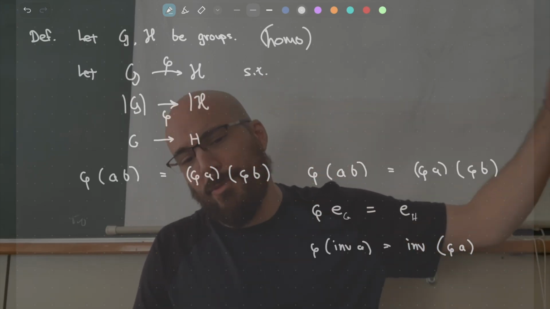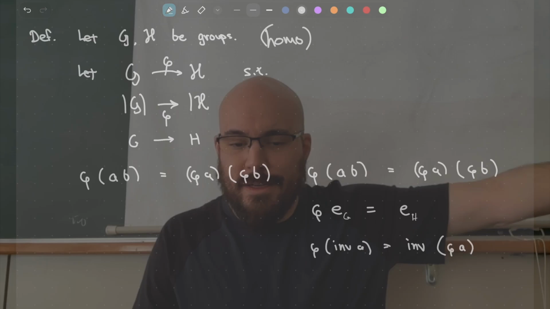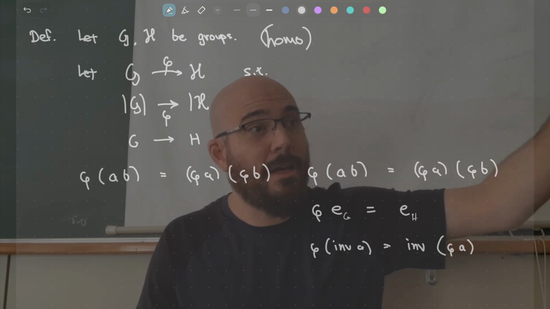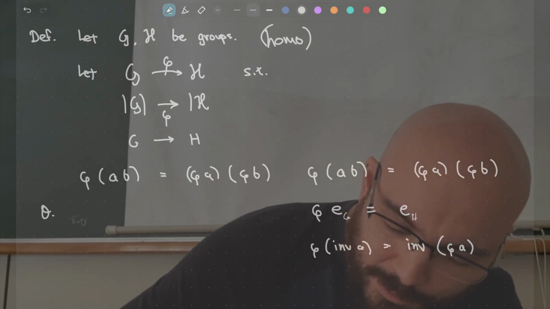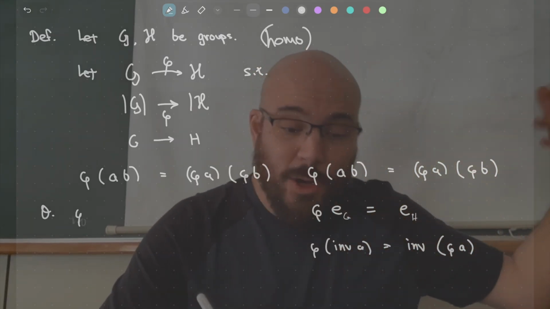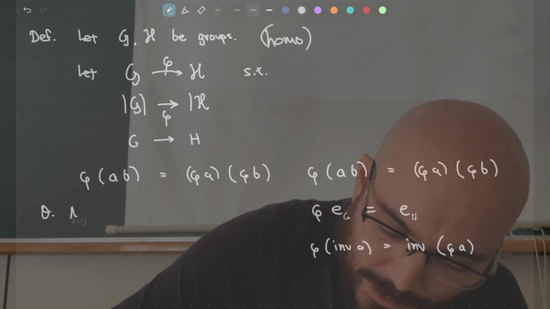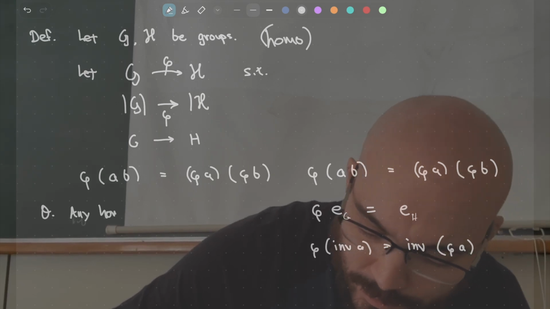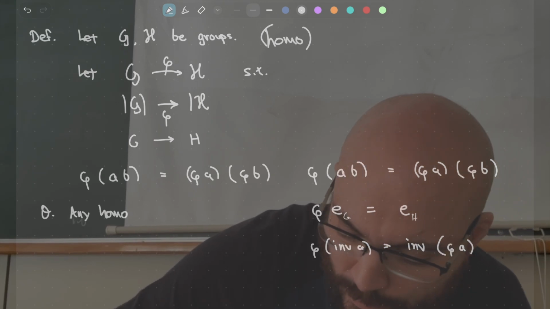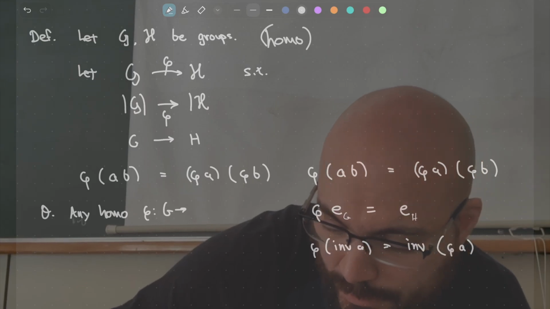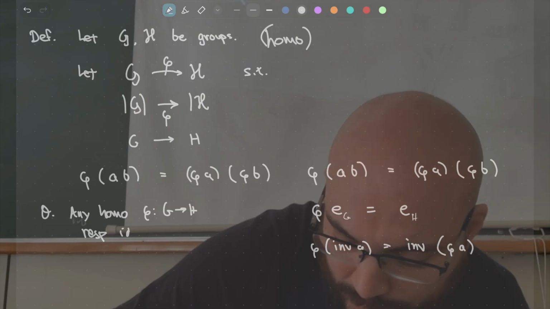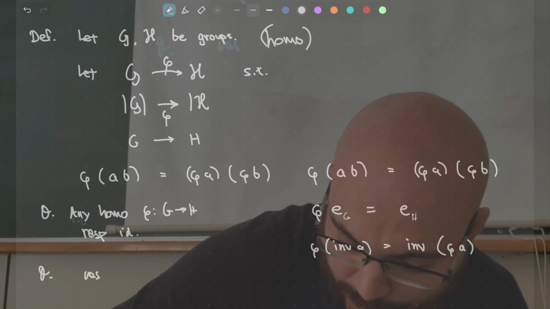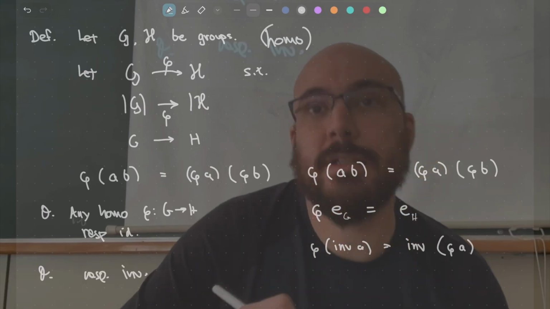Probably when you see this definition in a group theory text, you see a theorem. Mary would say the theorem is that phi happens to also respect the identity, and another theorem that it respects the inverse.